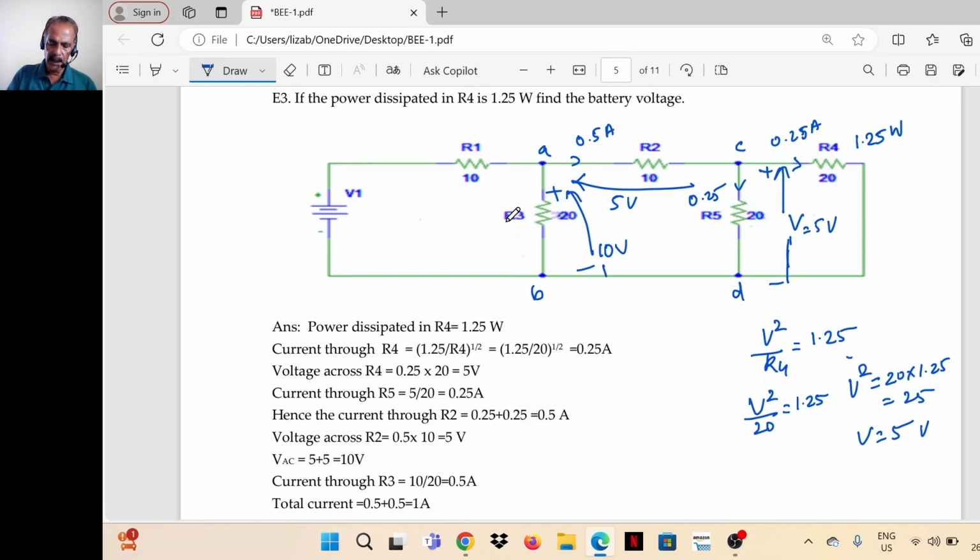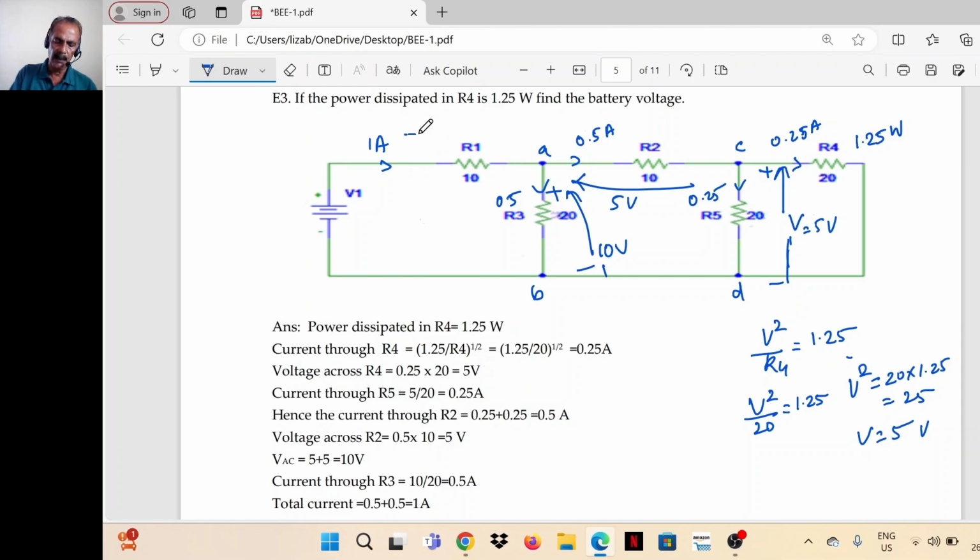Now we know the voltage across R3, that is 10 volts. R3 value is 20 ohms. So current through R3 is 10 by 20, that is 0.5. So the total current is 0.5 plus 0.5. From A to B, 0.5, A to C also 0.5, adding it is 1 ampere. So 1 ampere is the total current supplied by the battery or the current passing through R1.